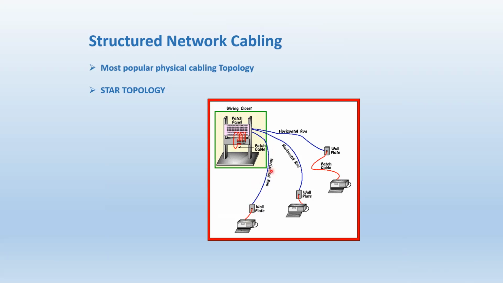Each jack here has a corresponding jack there. It's a direct connection from one to the other, for every single one. And then, of course, you patch to the switch, and the switch is connected to whatever the arrangement of the whole thing is.